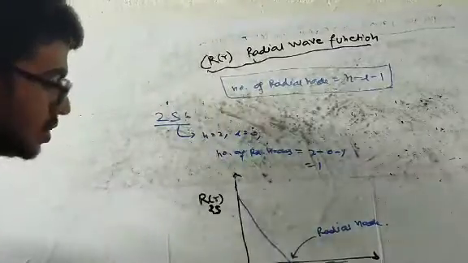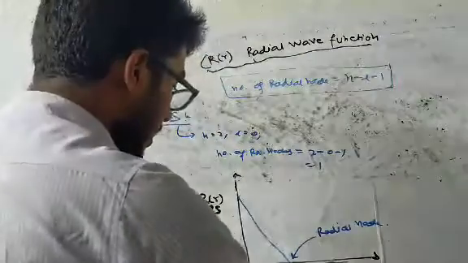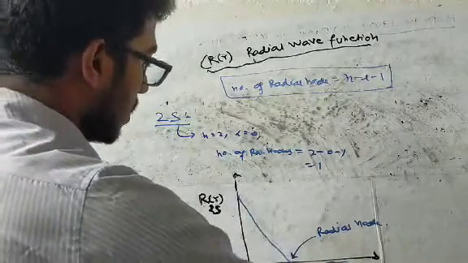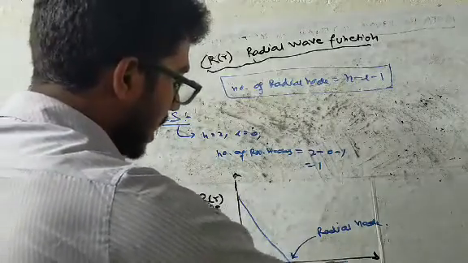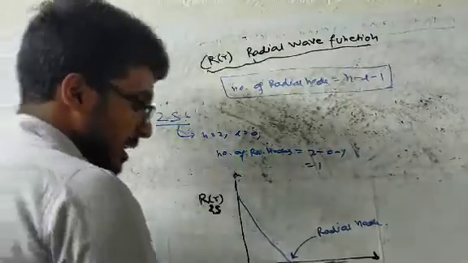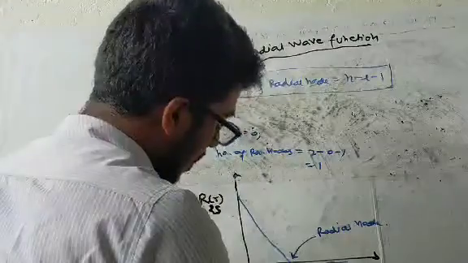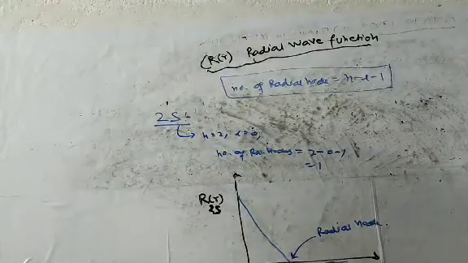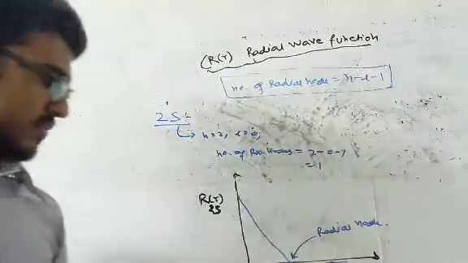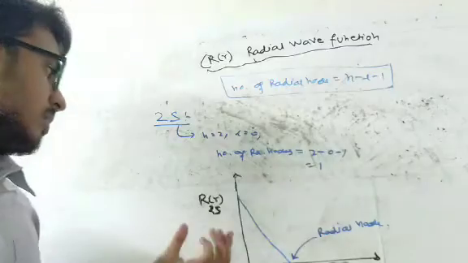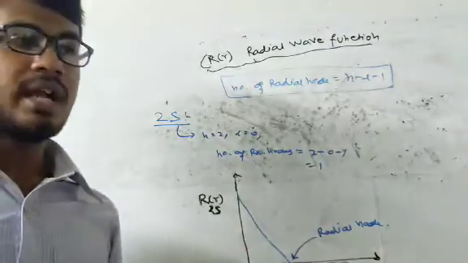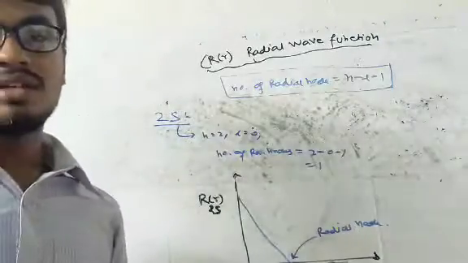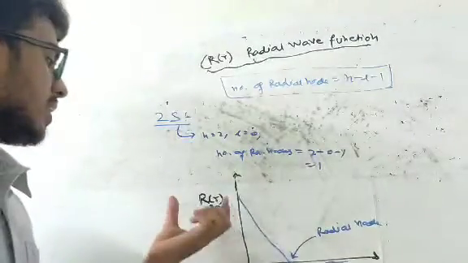Why is this the radial node? Because at this specific value of r, the value of R(r) equals 0. We told in the previous video that if the R(r) value equals 0 at any region in three-dimensional space, that region is called a radial node.